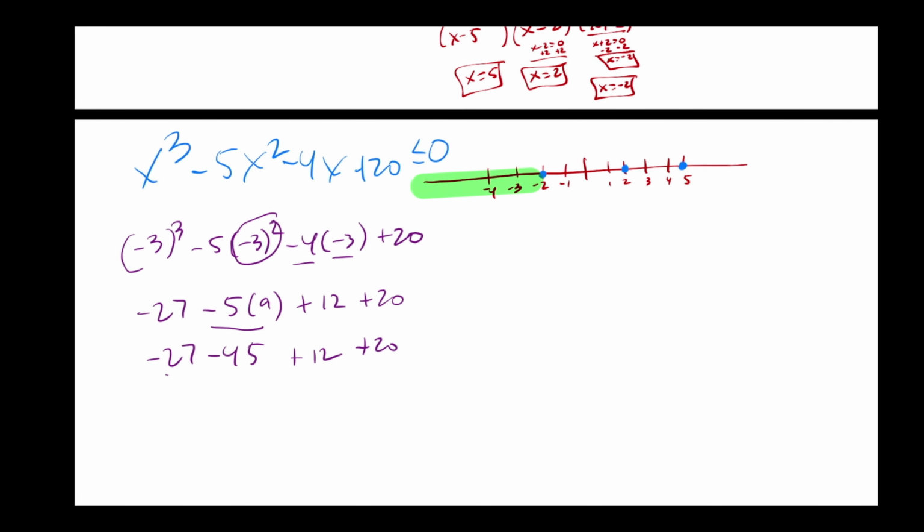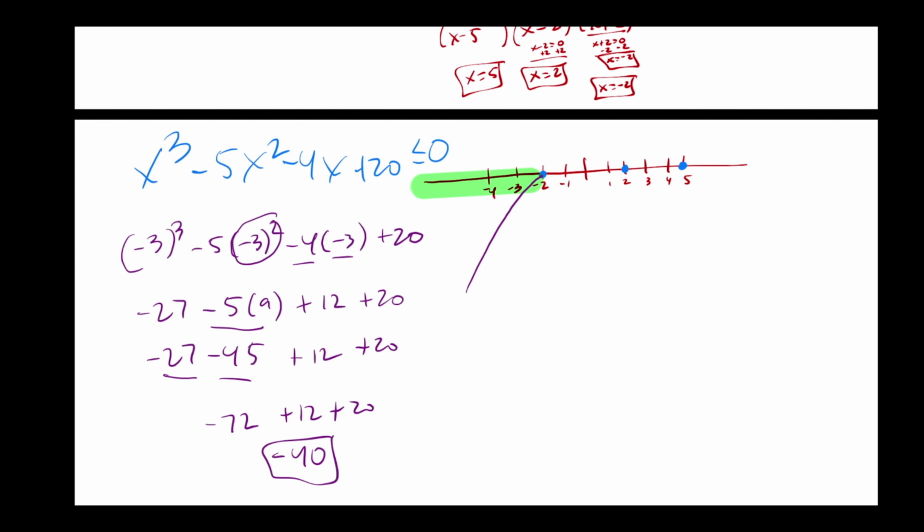Negative 27 minus 45 is negative 72, plus 12 plus 20 is negative 40. So yes, that's true. It is less than 0. So in this green area, it's less than 0. That means it's coming up.